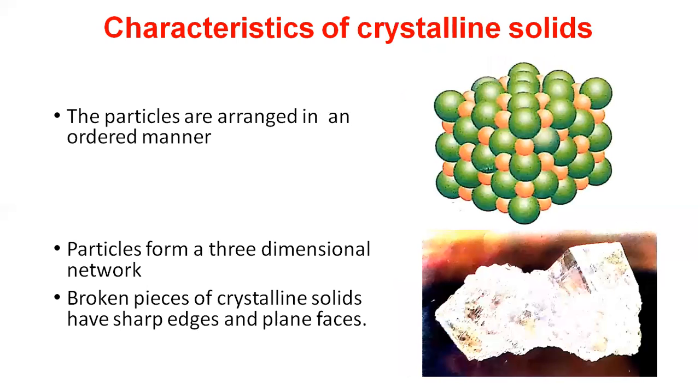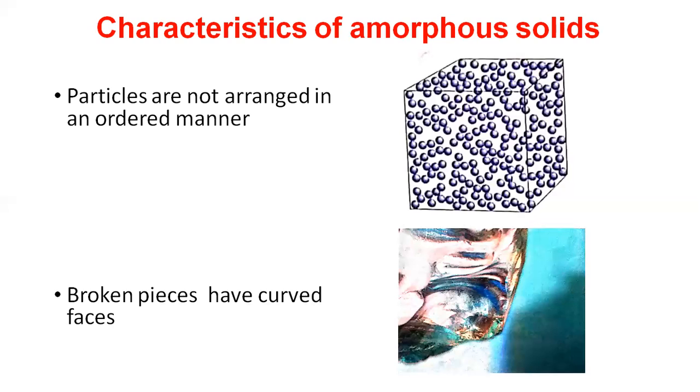If a crystalline solid is cut with a sharp object, it would always give parts with smooth edges, whereas an amorphous solid cuts into surfaces with rough and uneven edges.